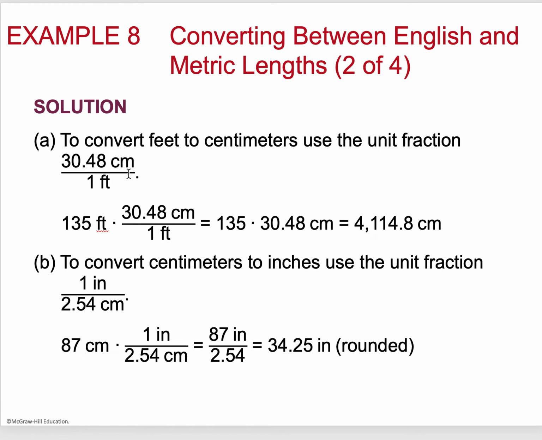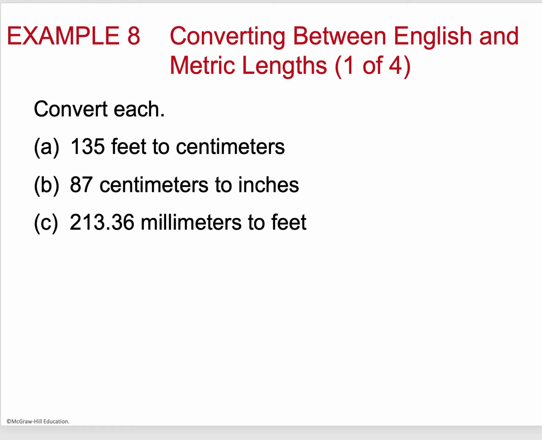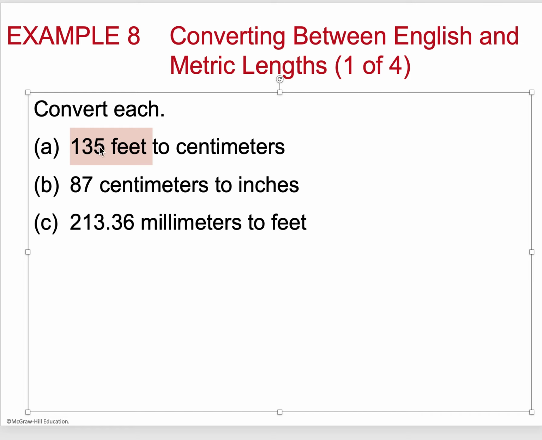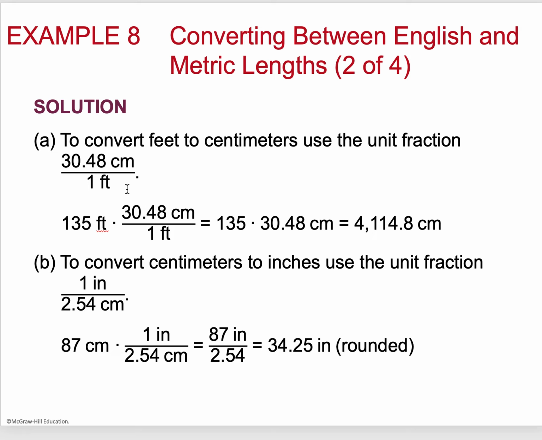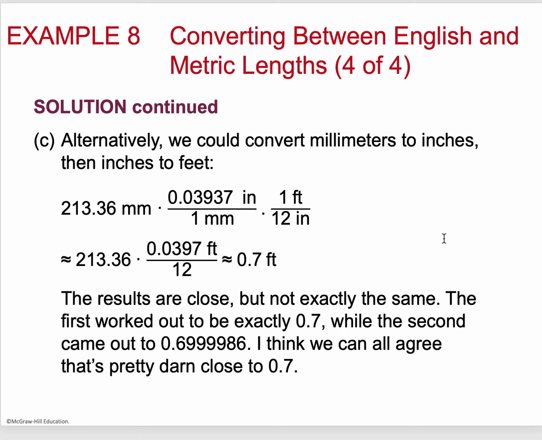Let me see what the problem is. Okay, I'm converting feet. I need the denominator to have feet in it. So that's why I choose this conversion factor, because it has feet in the denominator. I do the multiplication, I get my answer. So really this problem is no different than the beginning of the lesson.